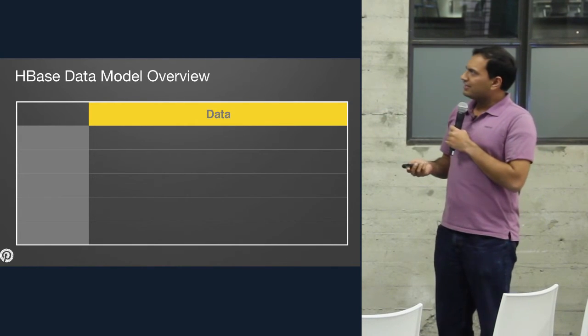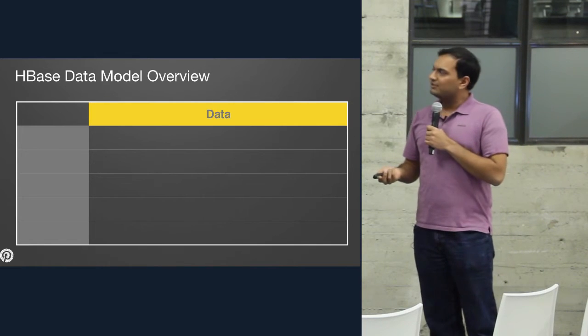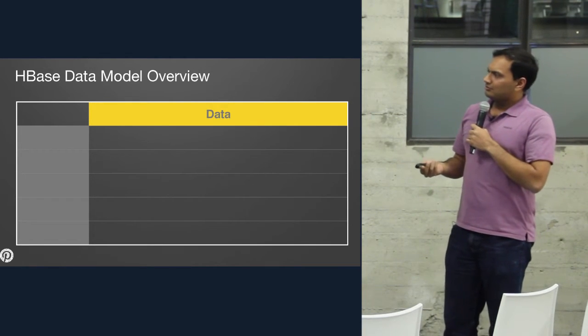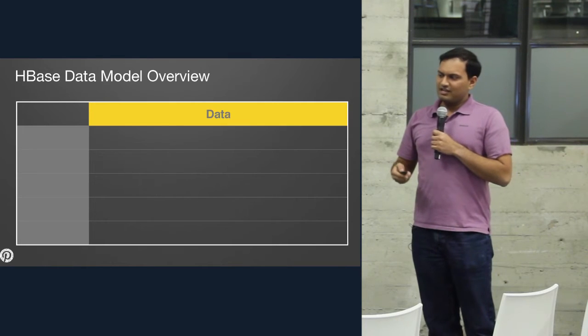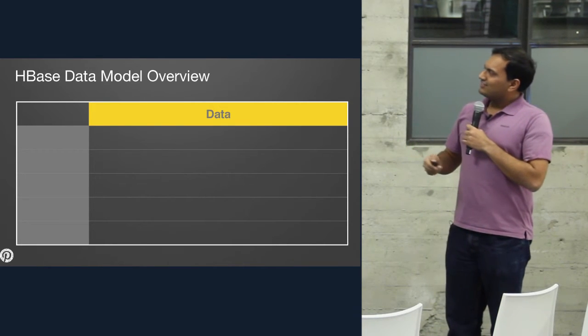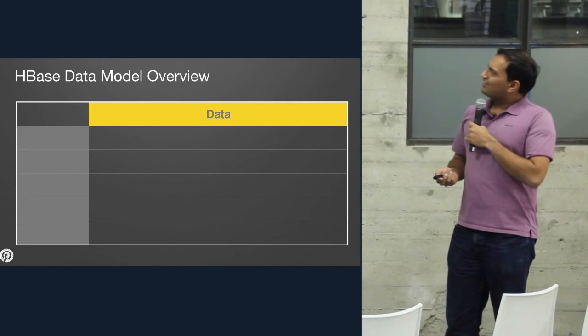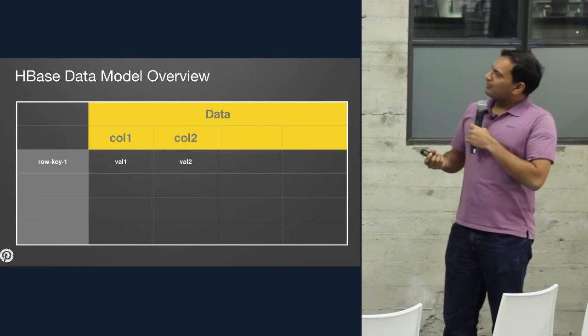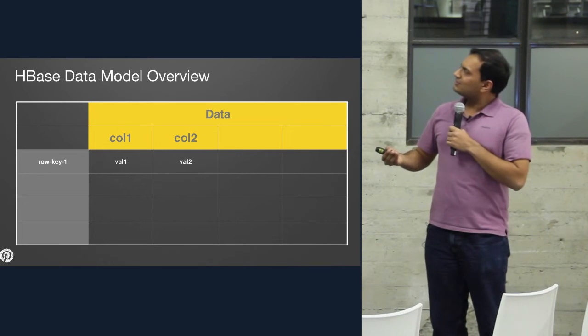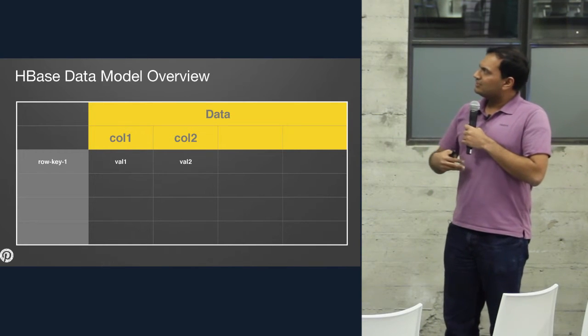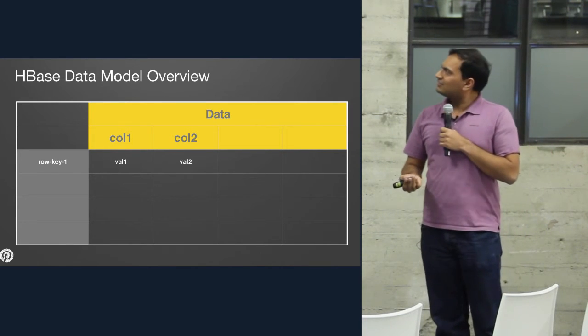Essentially HBase is modeled on Google's Big Table. It's what they call a large sorted distributed sparse hash map, and essentially you have rows and columns. Columns are contained within groups called column families.